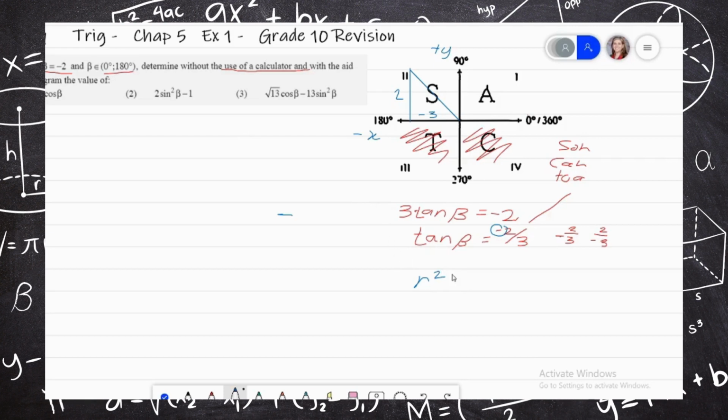So r squared will equal 2 squared plus -3 squared, and that equals 13. Therefore, r will equal square root of 13. Now we have our r value, so we have all the sides. We have the hypotenuse. If you don't want to work with r, you can work with hypotenuse. Now I can go and answer my questions.